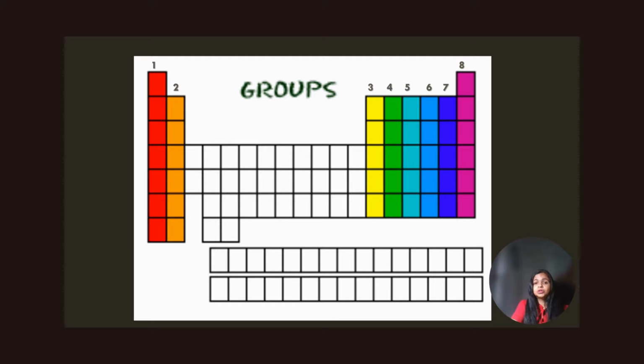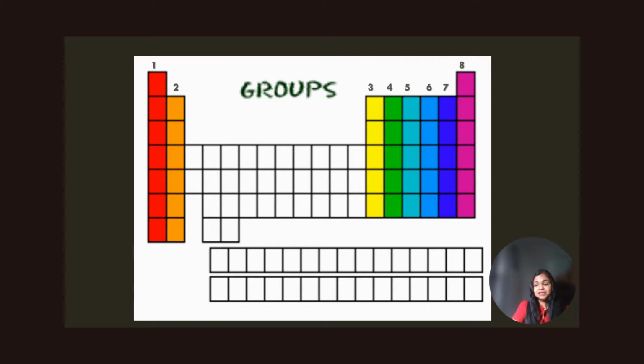Then the outermost group of the periodic table, the inert gases or noble gases, all have 8 valence electrons. So if an element belongs to these groups, we simply go by the group number, which gives us the valence electrons. It's as easy as that.